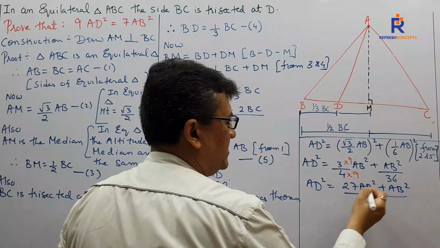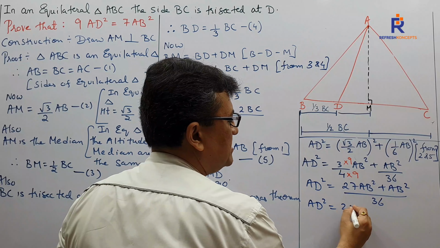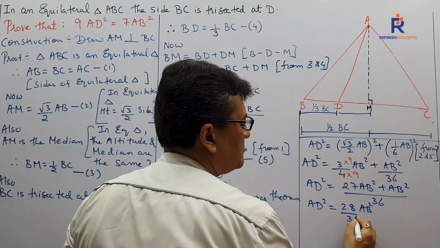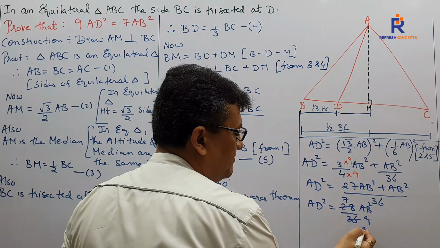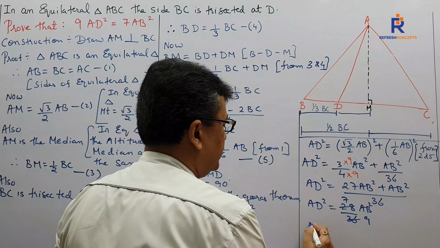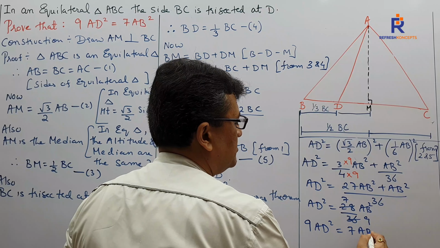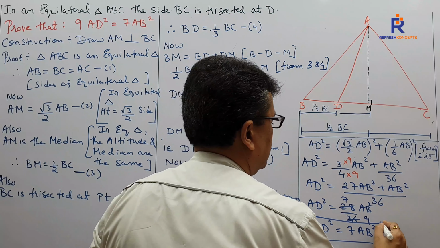How much is that? 28. AD square is 28 AB square by 36. 4 sevens are 28, 4 nines are 36. On multiplying by 9, 9 AD square is 7 AB square. Hence proved.